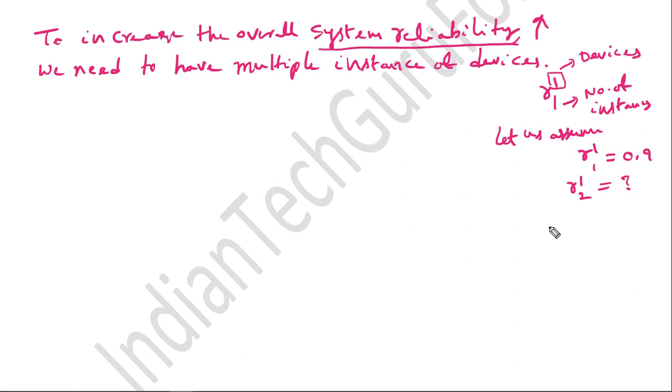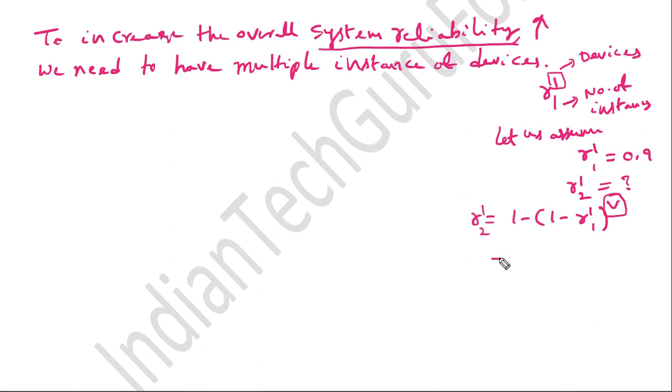To find out the reliability, whenever we have two instances of the same device, we can calculate the reliability R power 1 suffix 2 as 1 minus (1 minus R power 1 suffix 1) whole square. This is the formula, because I am using two instances of the same device.